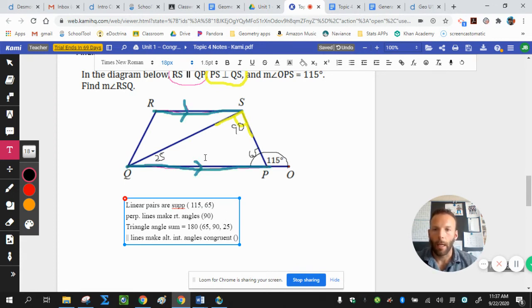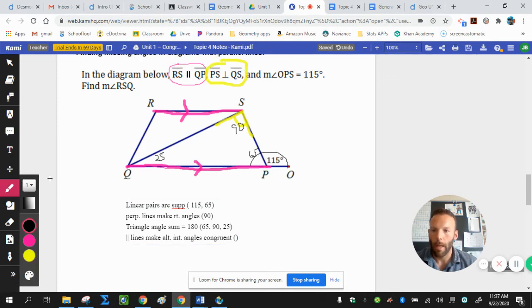Okay, and the last thing was I wanted to find the measure of angle RSQ. So let me say here's angle RSQ. RSQ is this angle right here.